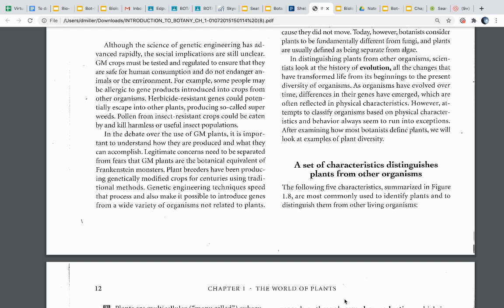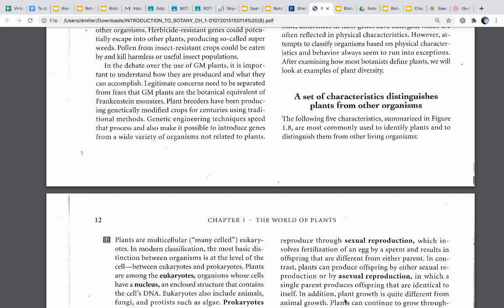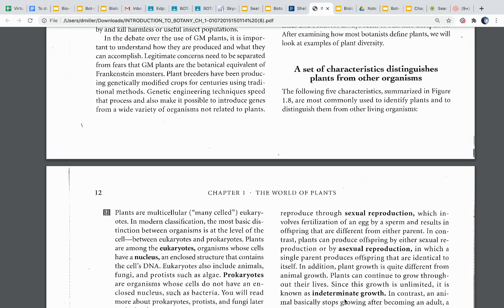As organisms have evolved over time, differences in their genes have emerged, which are often reflected in physical characteristics. However, attempts to classify organisms based on physical characteristics and behavior always seem to run into exceptions. After examining how most botanists define plants, we will look at examples of plant diversity.